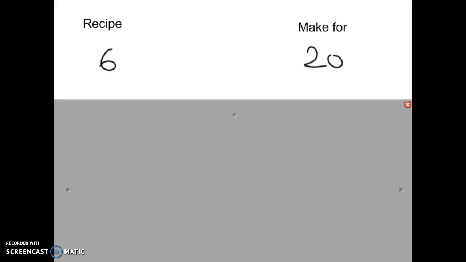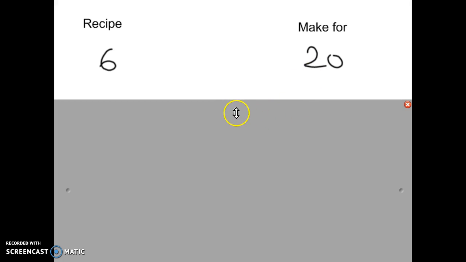So what I'd suggest you do is use 2 columns. The recipe serves 6. We want to make enough for 20. So we need to find something that goes into 6 and 20.